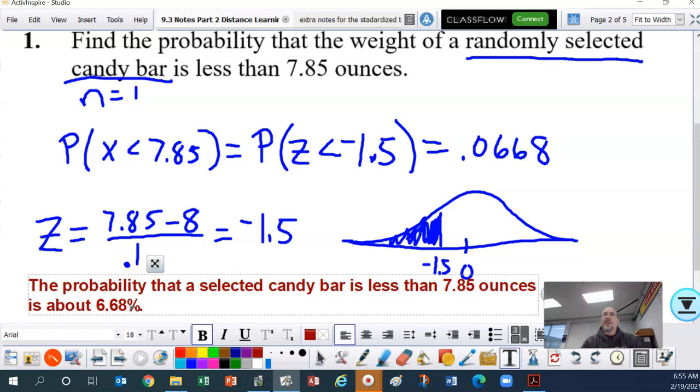Okay, so if you think about it, roughly 7 out of 100 times that will happen. So if they make 100 candy bars, you don't need to write this part, but think about this.